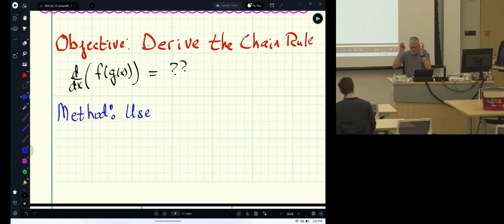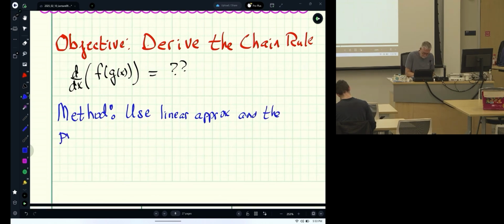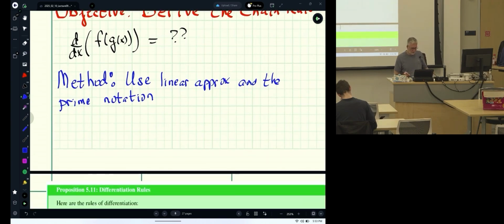So I'm going to do it just slightly different than the methodology did, but it's really the same thing. Okay, we're going to use the linear approximation and we're going to use the prime notation. You're going to see in the end, we're doing the same thing that Mathologer was doing.